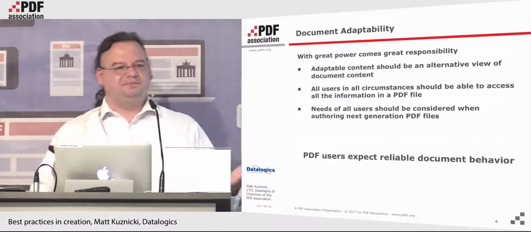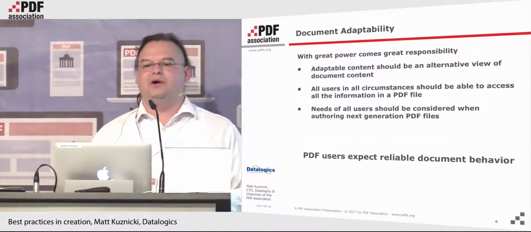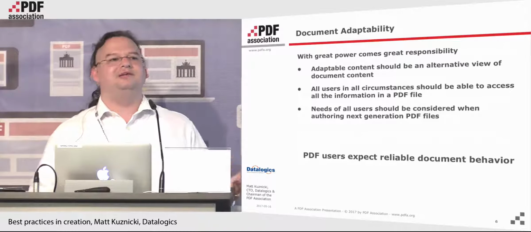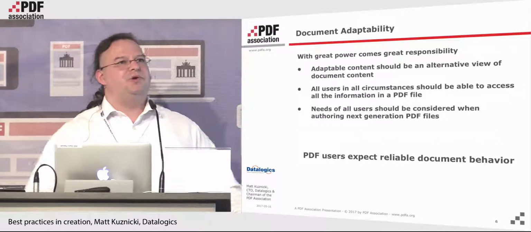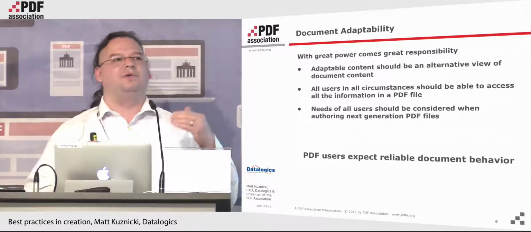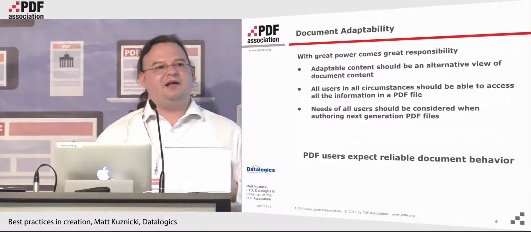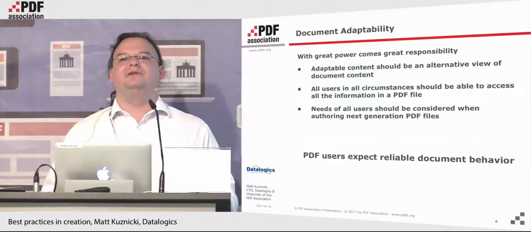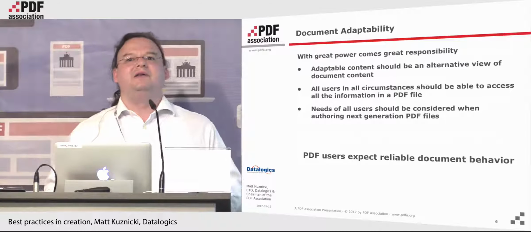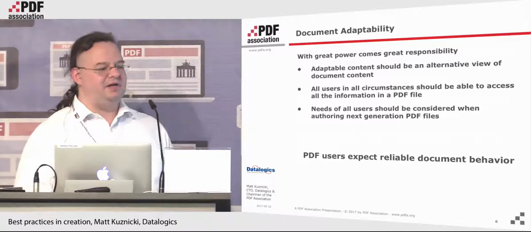Now, thankfully, accessibility is key on the minds of many who are working on next generation PDF. But as we move from a technical standard in a file format into implementations, it is incumbent upon implementers to remember the needs of the entire user community.